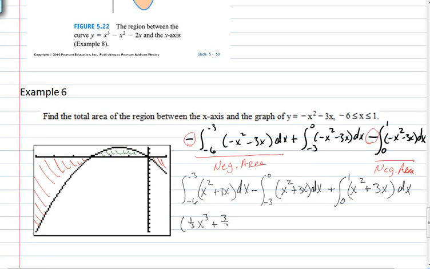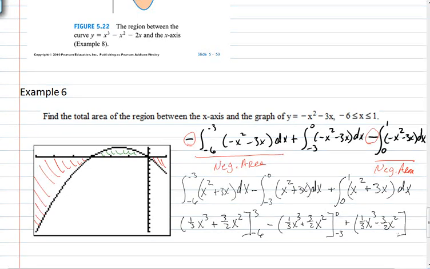Plus 3/2 x squared from negative 6 to negative 3, minus 1/3 x cubed plus 3/2 x squared from negative 3 to 0, plus 1/3 x cubed minus 3/2 x squared from 0 to 1.